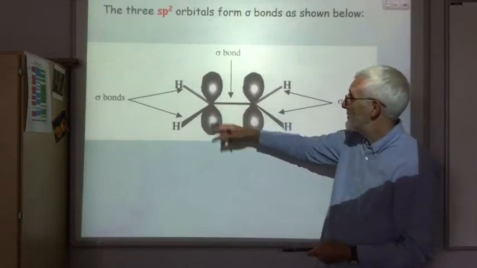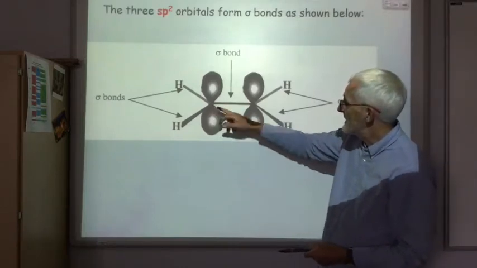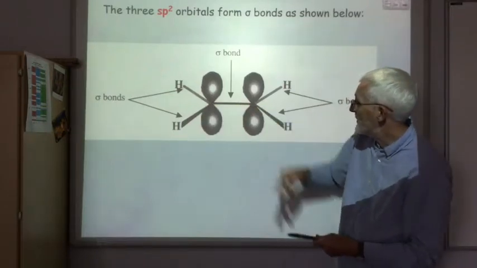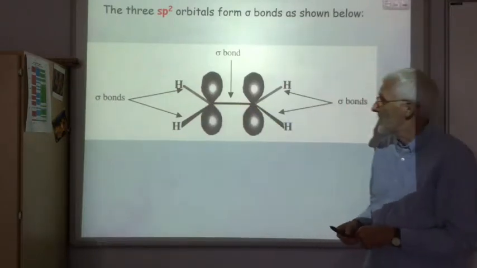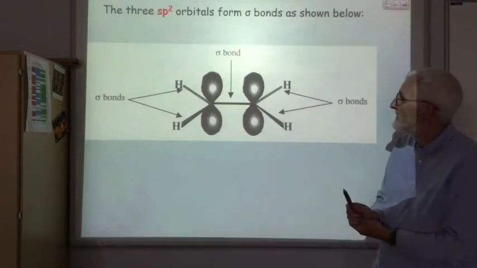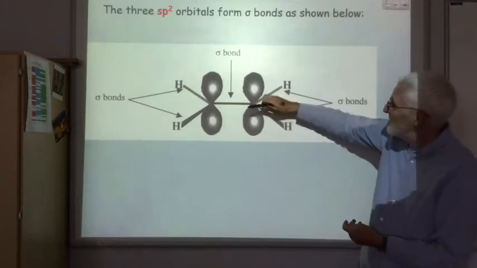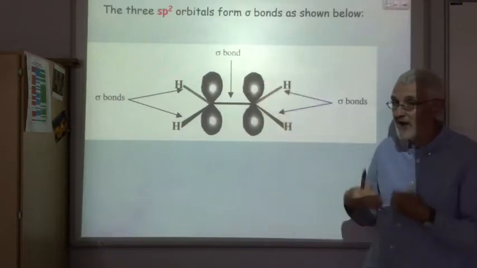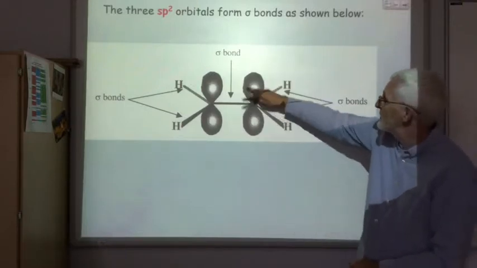And the same with this carbon. 3 sigma bonds, one with the hydrogen, one with the hydrogen, and one with the carbon. Okay. But obviously they form 4 bonds. So the 4th bond is going to involve the p orbital, the non-hybridized p orbital.